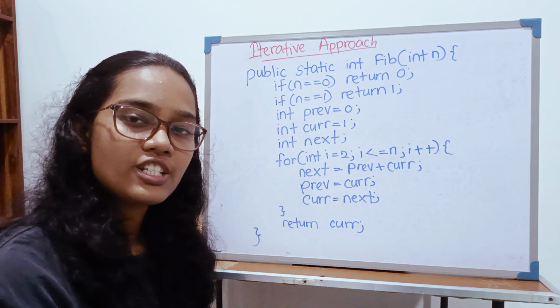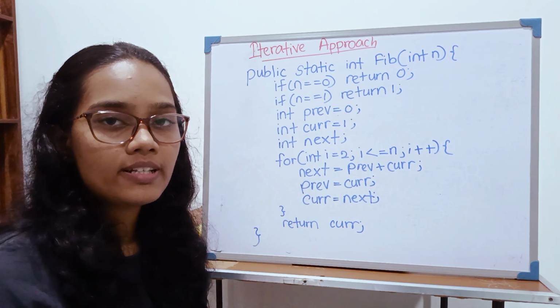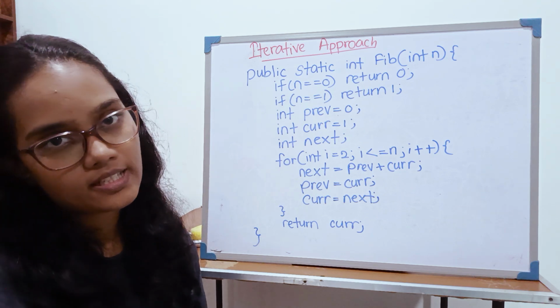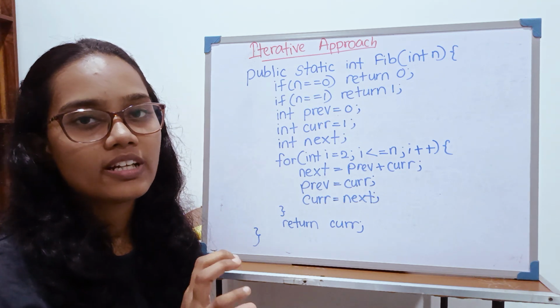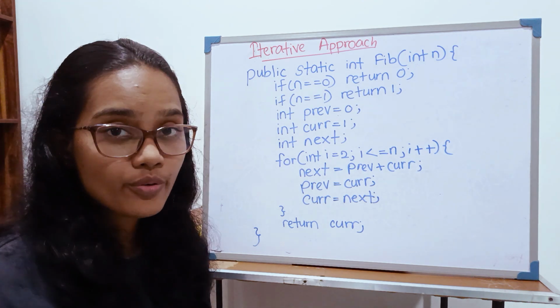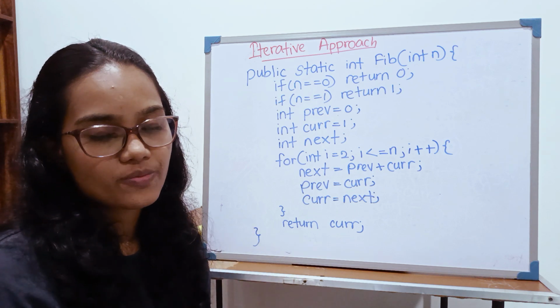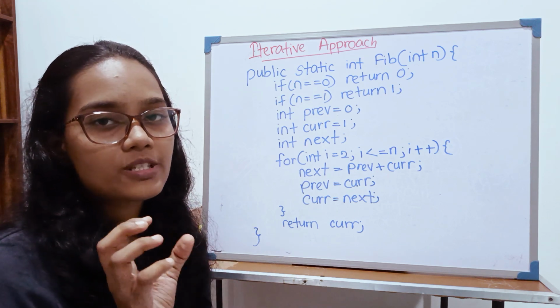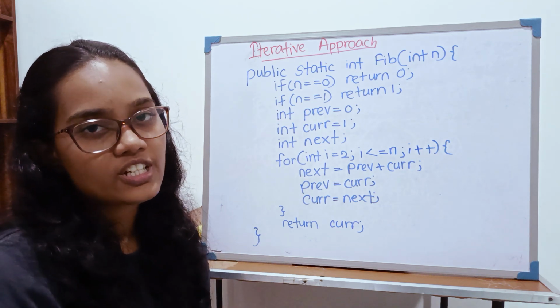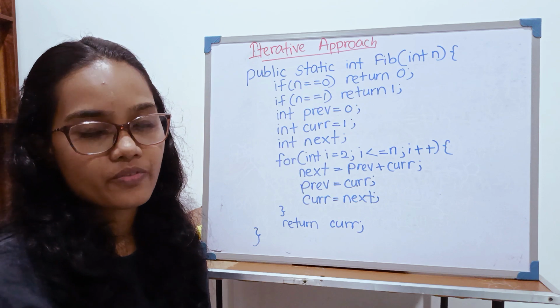The recursive approach is very slow and it repeats some calculations multiple times. Therefore, it cannot be used for larger values of n. However, it's very easy to understand. So it's best to use the recursive approach when your goal is clarity, not performance.